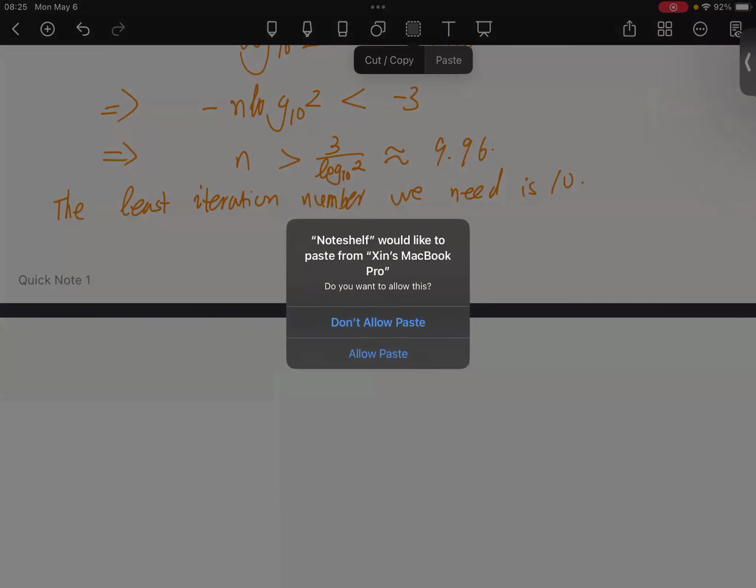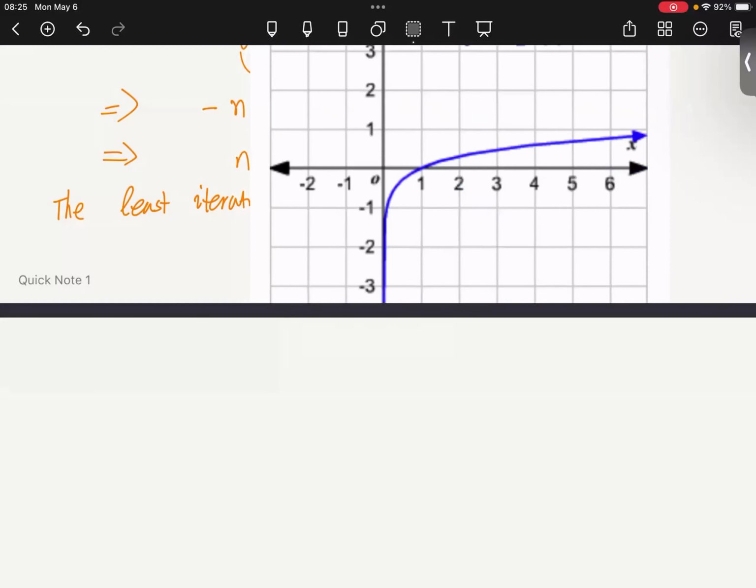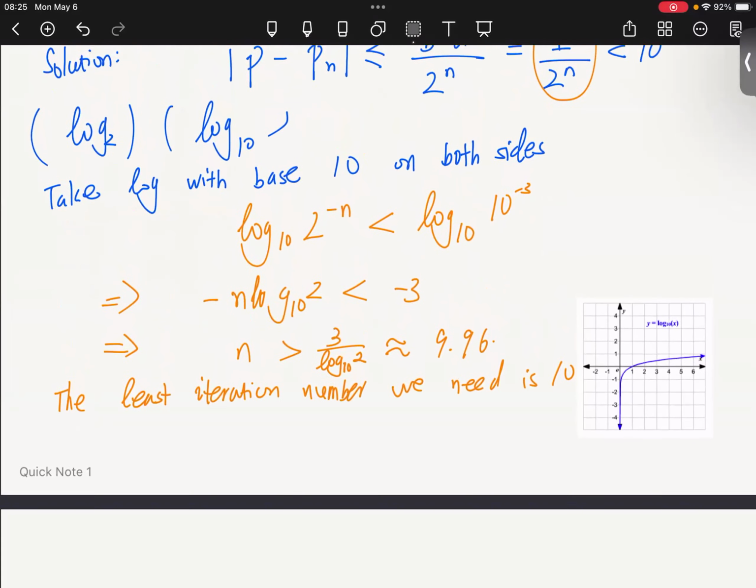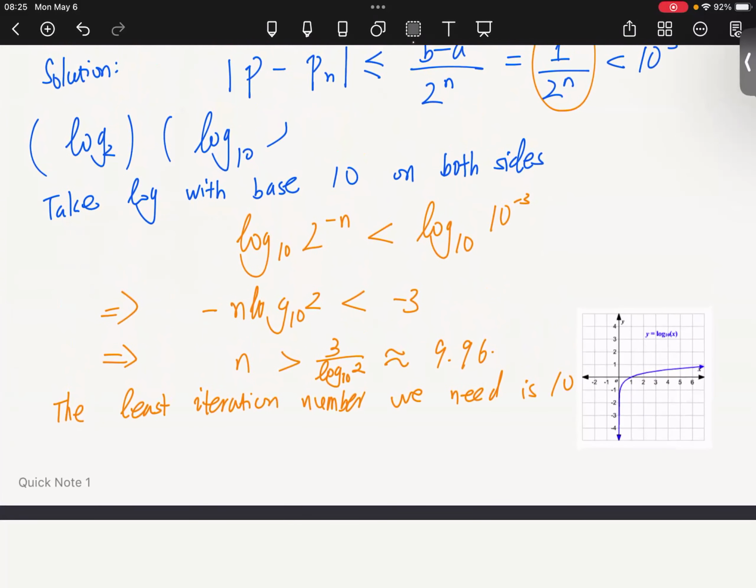This is the logarithm function. If you look at it, you would say this is an increasing function, which means that 2 to the negative n is smaller than 10 to the negative 3, right? This is the inequality from there.